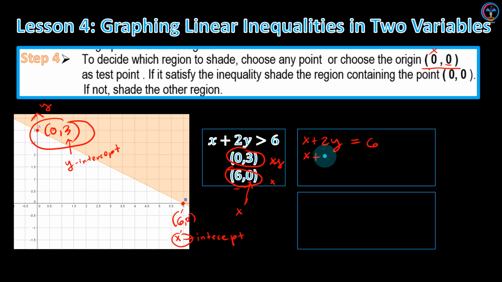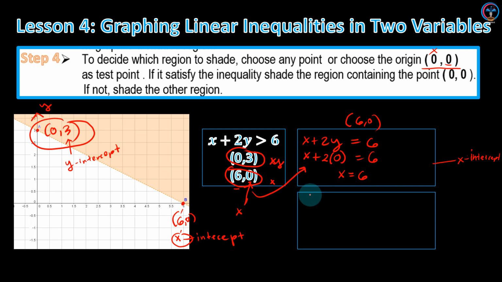Therefore x plus 2 times 0 equals 6, so our x is 6. This is for the x-intercept. The goal is to get 2 points. So in this first box, this is 6, 0, which will be used in the graphing.